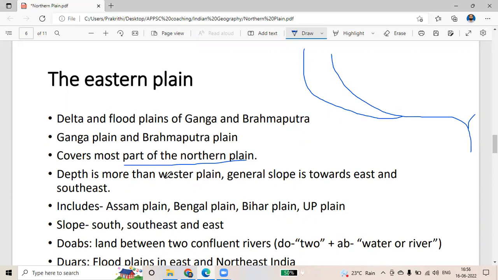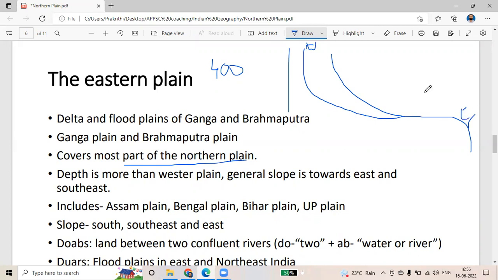The depth, it is not mentioned, but western plain, we said it was 400 meter depth. So almost all area have more than 400 meter depth of alluvial deposit in this eastern plain. And as I said, Ganga is moving from west, this is western side, to eastern side.